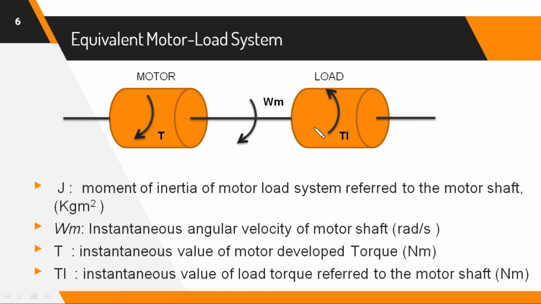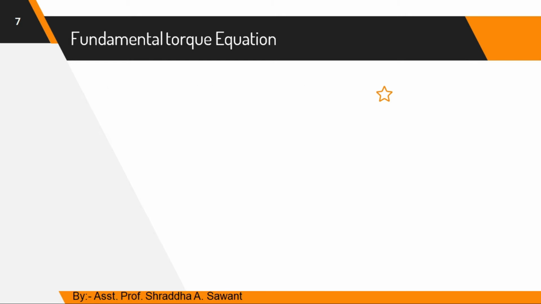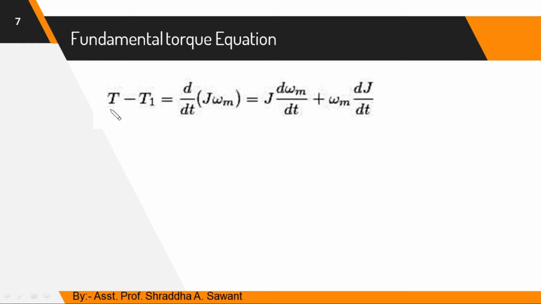So the fundamental torque equation will be T minus TL is equal to d by dt of J d omega m. This is your fundamental torque equation. If we elaborate this, it becomes T minus TL is equal to J d omega m by dt plus omega m dJ by dt.